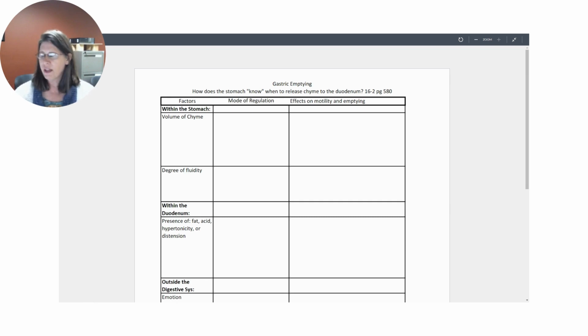The first thing is the volume of chyme. The stomach will empty at a rate that's proportional to the volume of chyme. How does the stomach know how much chyme is in there? Remember that it will start to get distended.